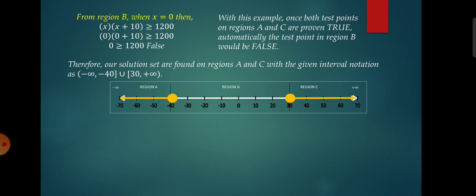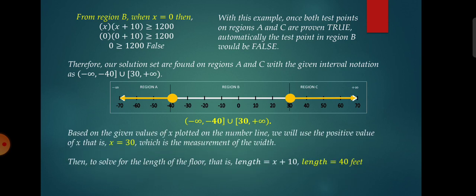That is the graph, with two closed ends going to the left and to the right. So the solutions are in region A or region C. Then the interval notation: from negative infinity to negative 40 close bracket, union with open bracket 30 to positive infinity.